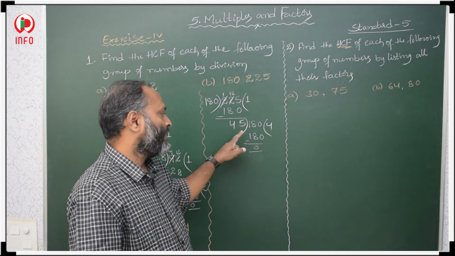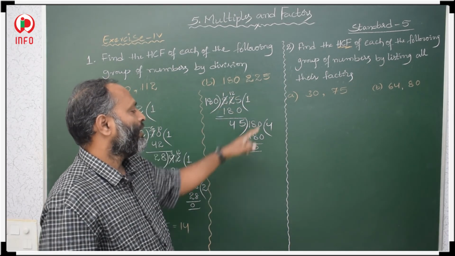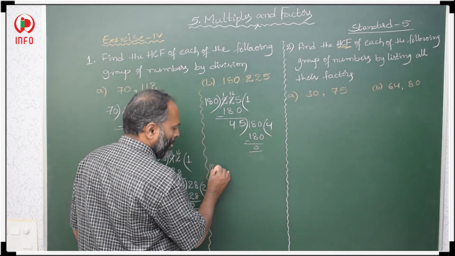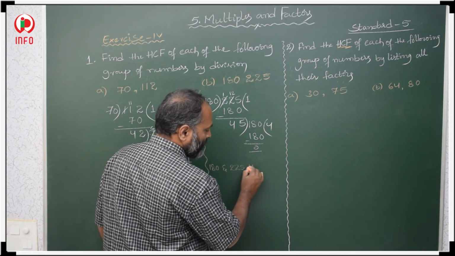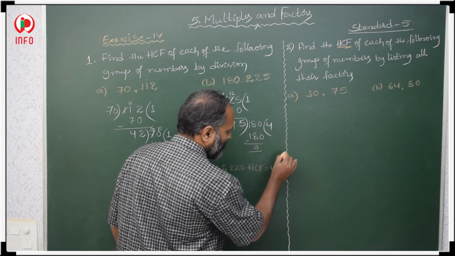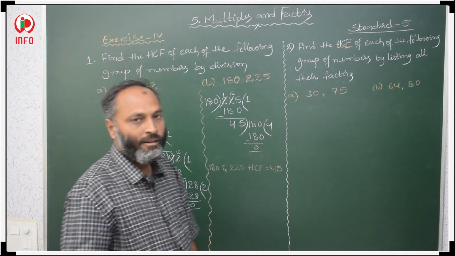It means 45 divides exactly here. So that means the HCF of 180 and 225 is 45.